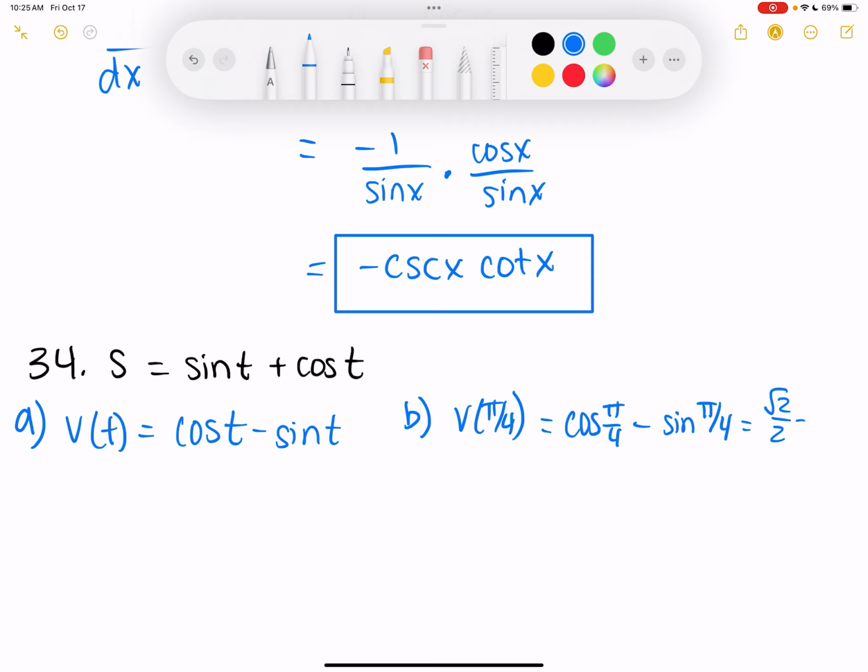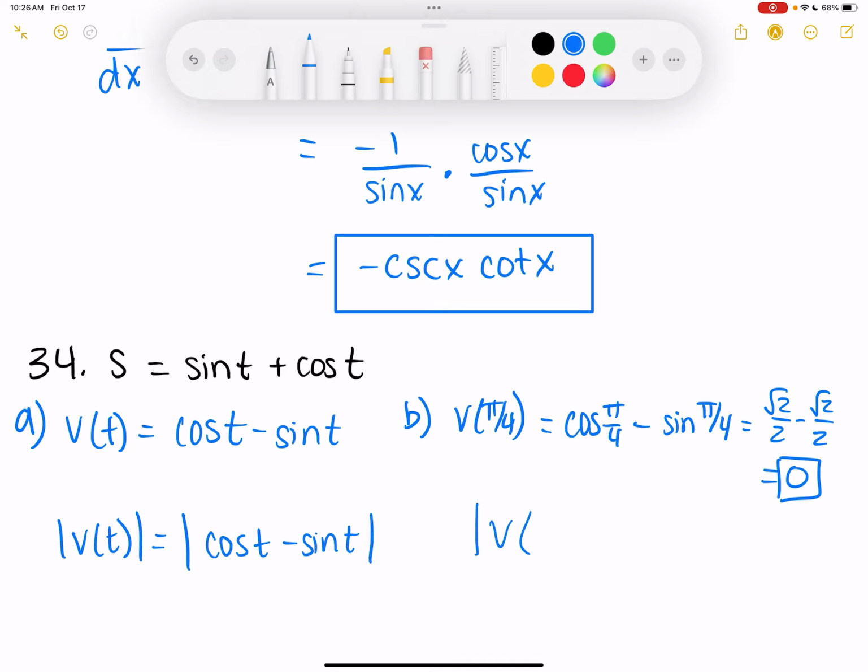That means that's just equal to 0. Now for speed, obviously absolute value of v of t. So we can write the absolute value of cosine of t minus sine of t. But the absolute value of the velocity at pi over 4, obviously absolute value of 0 is still just 0, so nothing special about that one.